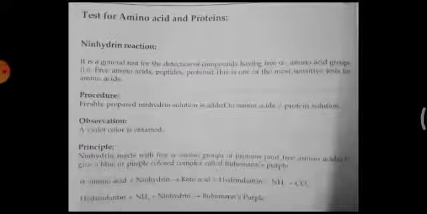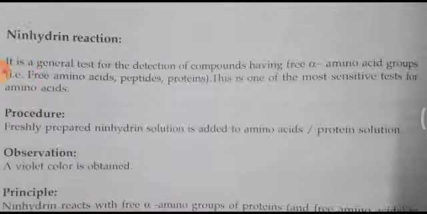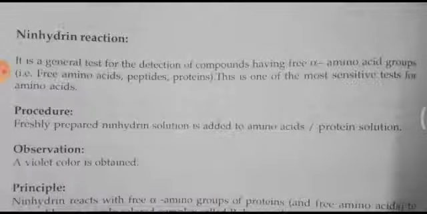And next we are going to discuss tests for amino acids and proteins. The first test for amino acids is the ninhydrin reaction. It is a general test for detection of compounds having free alpha amino groups, that is free amino acids, peptides and proteins. They will react with ninhydrin. This is one of the most sensitive tests for amino acids.